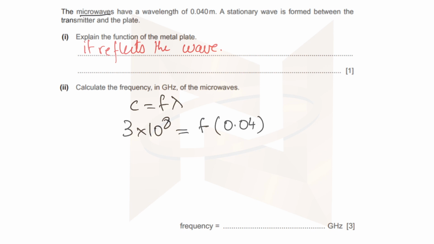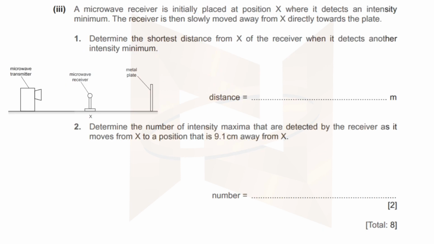Now when you divide 3 by 0.04, you will get 7.5 × 10^9, which is actually 7.5 gigahertz.